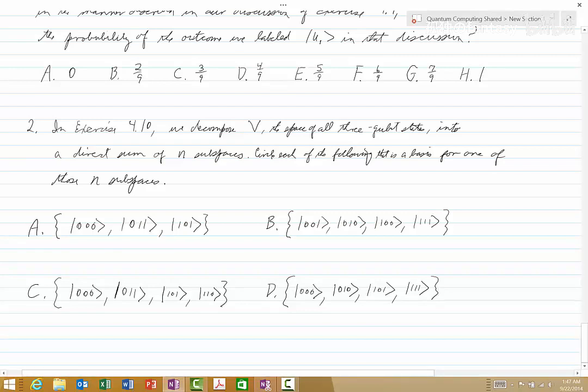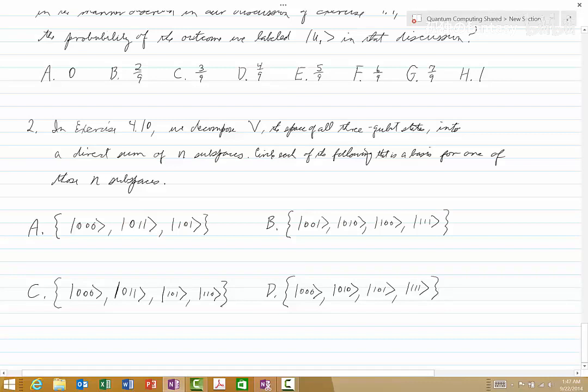Now you'll look at each one of these sets and ask, is this a basis for one of those subspaces? If yes, then circle it. If no, then go to the next one. You're just interested in knowing whether or not the given set is a basis for any of those subspaces.